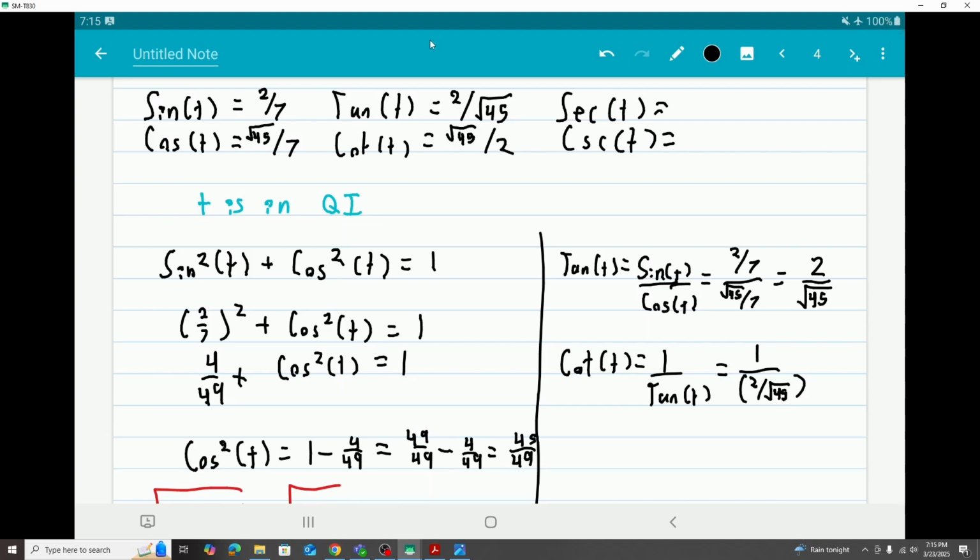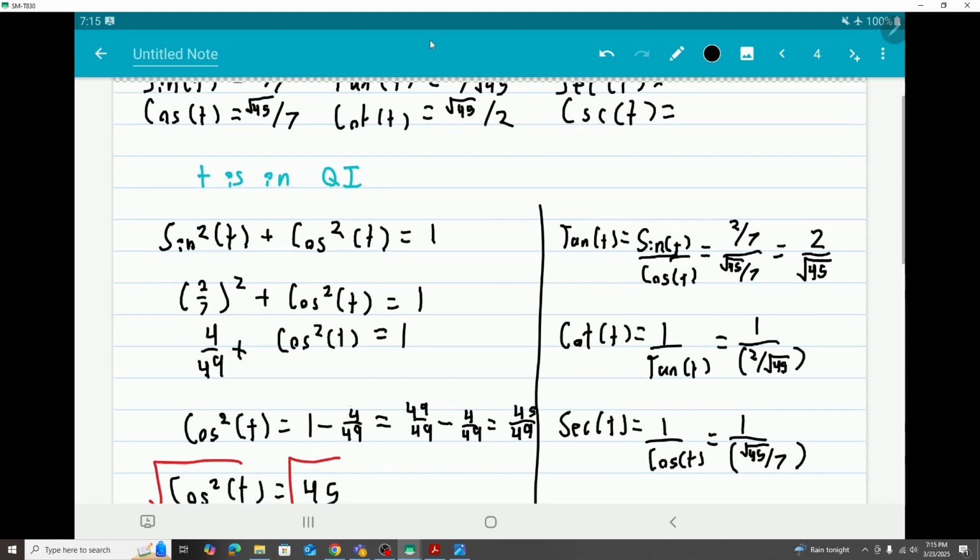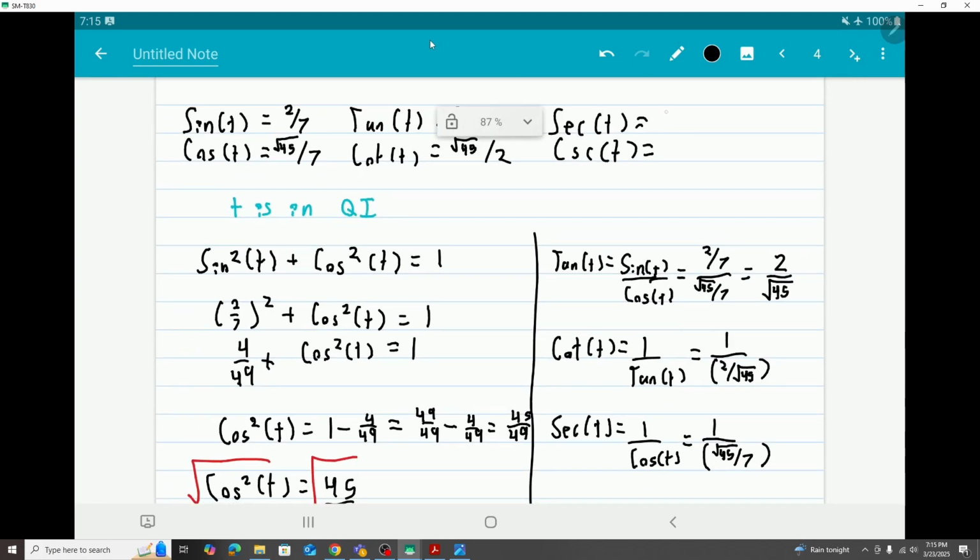Secant is cosine flipped. It's 1 over cosine t is 1 over square root of 45 over 7. But if you have 1 over a fraction, then you can just flip it. So this is now 7 over root 45.